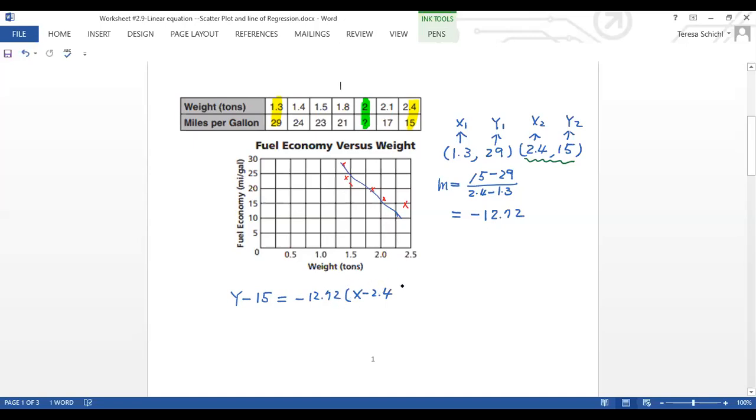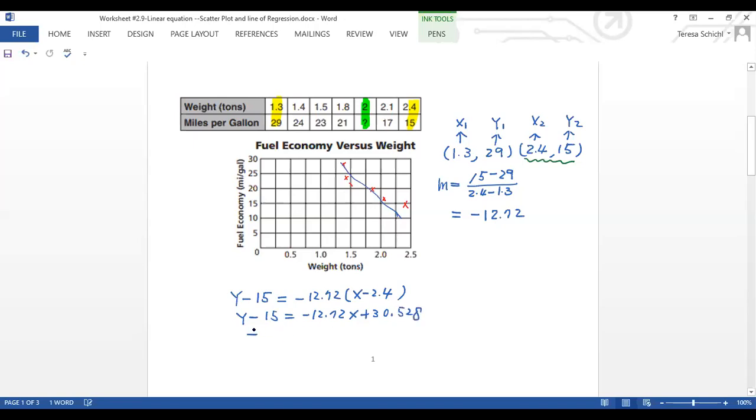Correct? So this will be negative 12.72x. If you use 12.72 times 2.4, what you have here is 30.528, so you use plus 30.528.